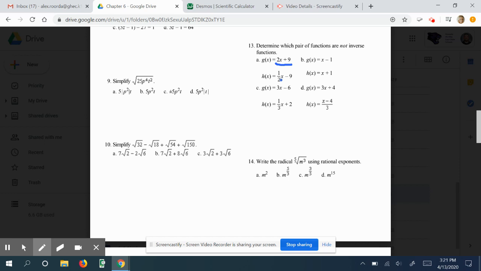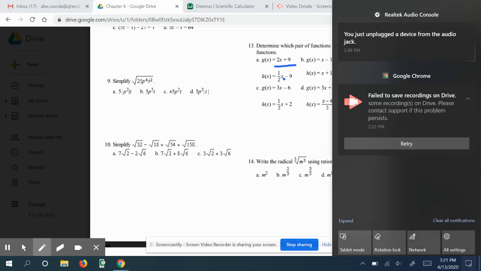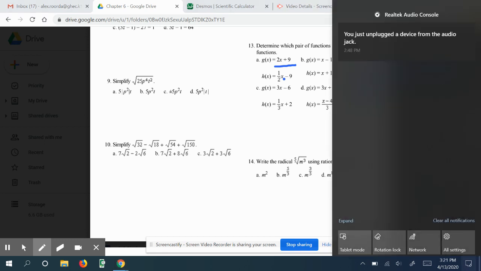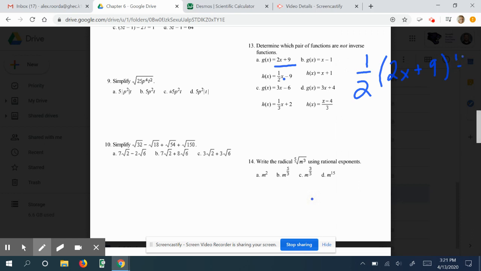Okay, so let's start with letter A first off. And we're going to say, all right, so 2x plus 9, I'm going to plug it in for that x right there in h of x. So I'd say 1/2 of 2x plus 9, and then minus 9 right there. And so then if I distribute the 1/2, 1/2 to that, 1/2 to that, I'd get x plus 9/2 minus 9.